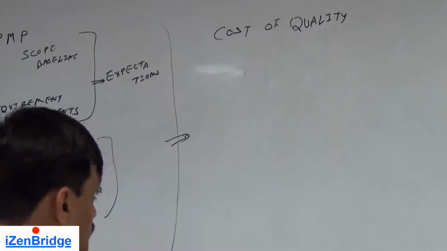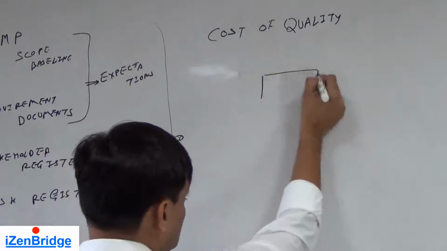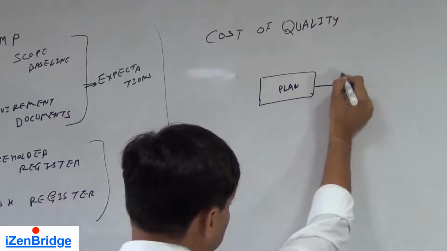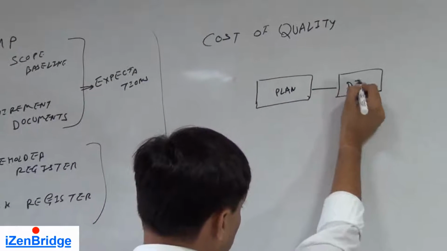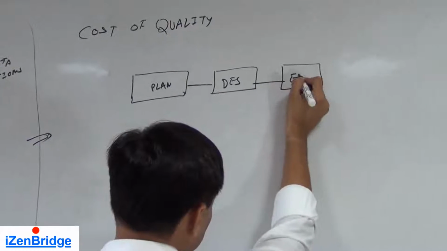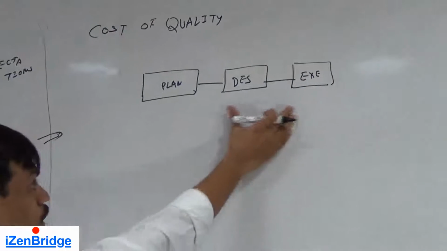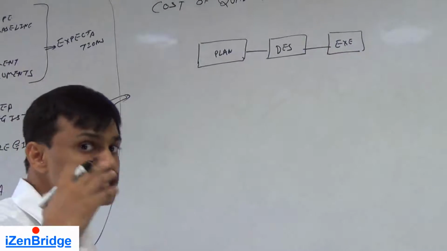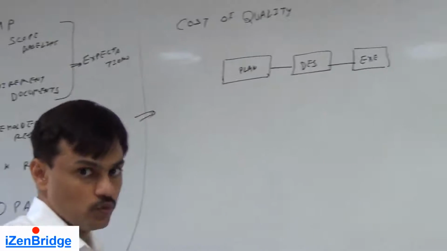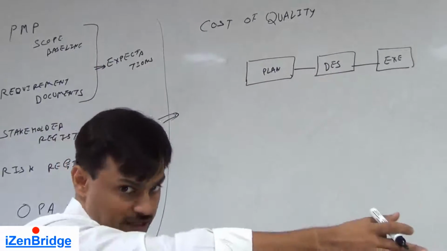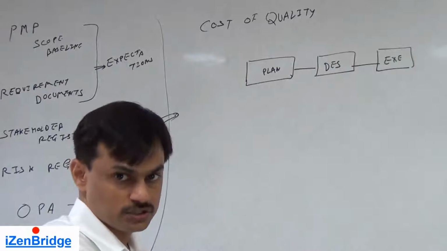Now, while you are doing work, say while you are planning or designing and then further executing, if you are involving activities or steps which ensure that your outcome would be compatible with the quality requirements, you would be incurring cost.